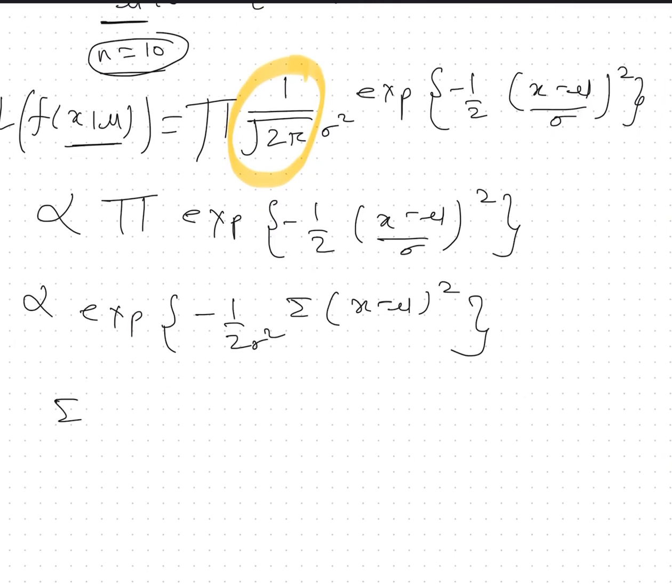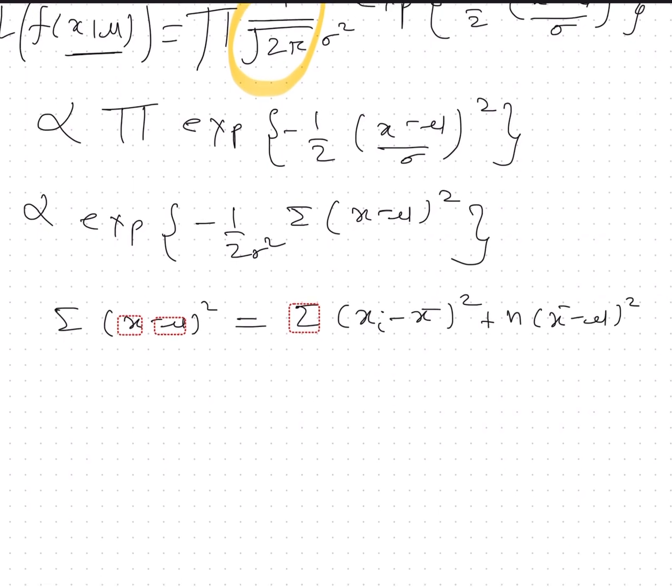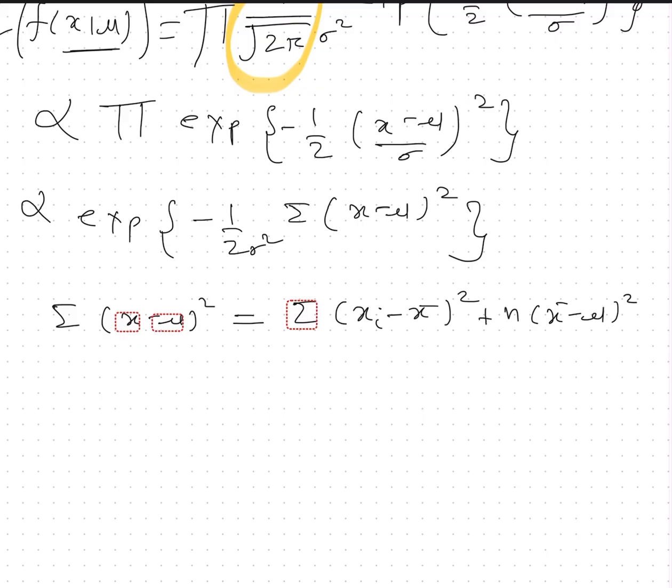Now this summation of x minus mu bracket square, I can further simplify as summation of xi minus x bar square plus n into x bar minus mu bracket square.